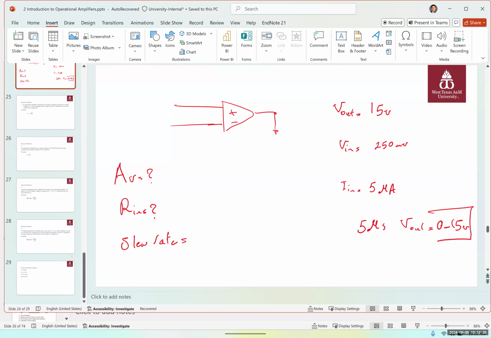I'll give you a few minutes to solve this. Micro is 10 to the power -6. Milli is 10 to the power -3, micro 10 to the power -6.